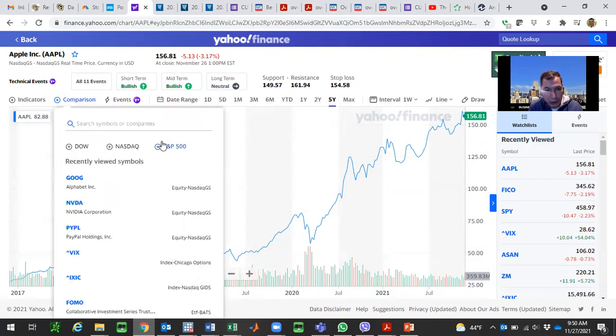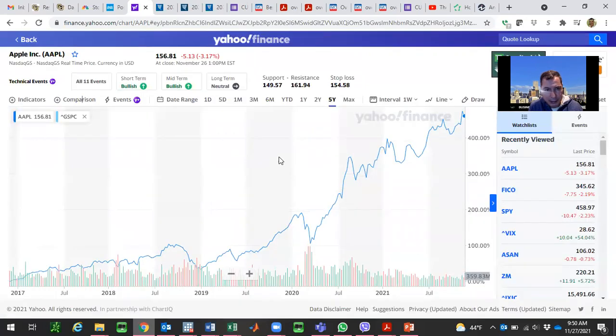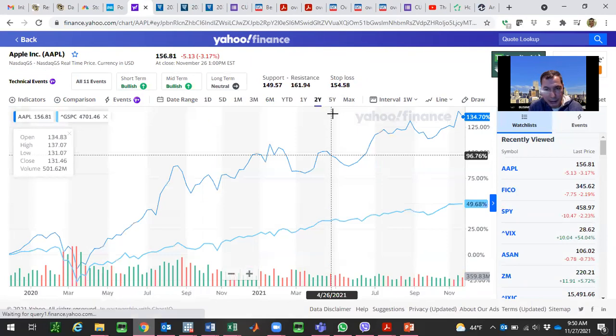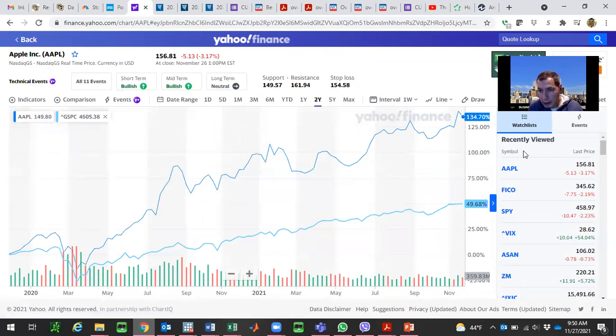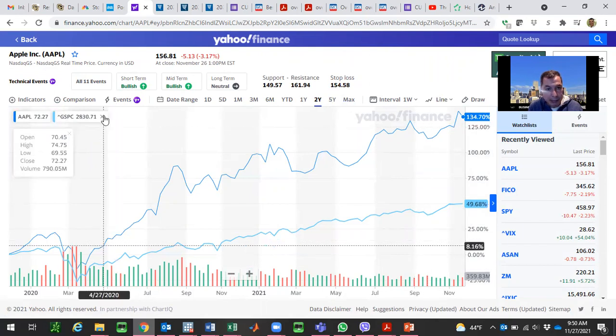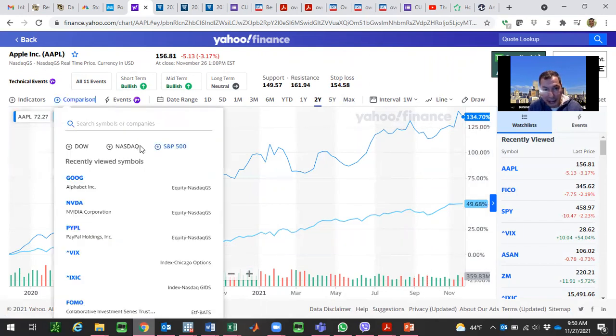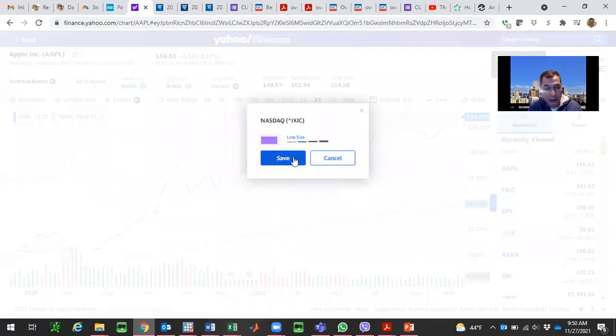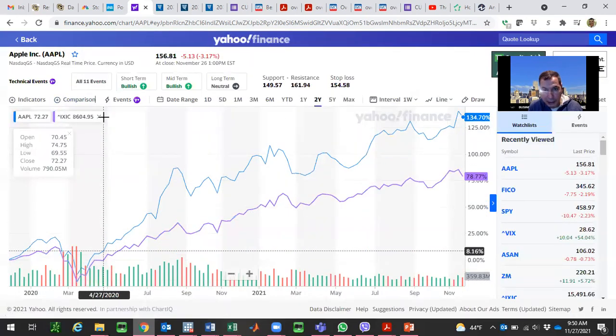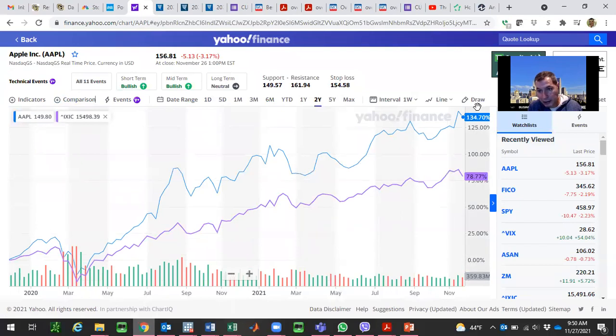If I compare with the S&P, you can see the S&P did 50% in 2 years, and Apple 134. Now, my main comparison, usually I compare with the Nasdaq, because Apple is a tech company. Yes, Apple beat the Nasdaq, which is good.